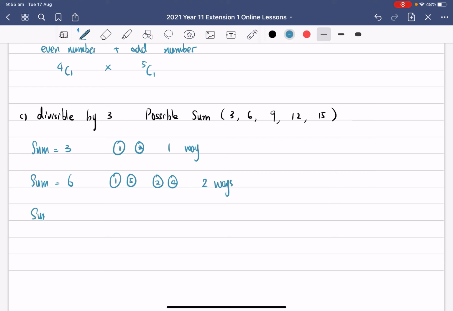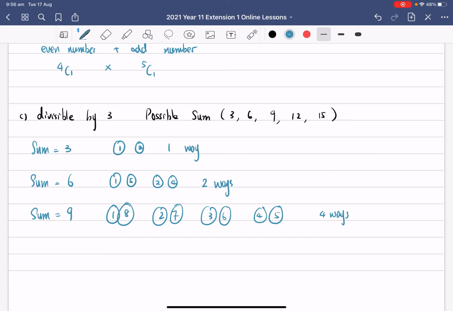If the sum is equal to 9, how many possible ways? Well, 1 and 8, that's one way. We can have 2 and 7. We can have 3 and 6. That works. Can we have 4 and 5? Yep. I think that's all, so we have 4 ways.